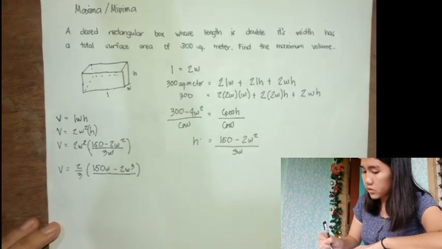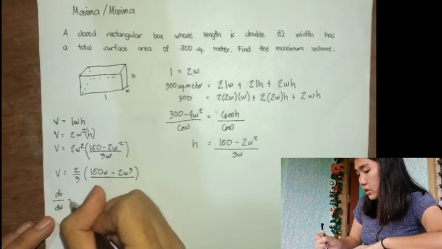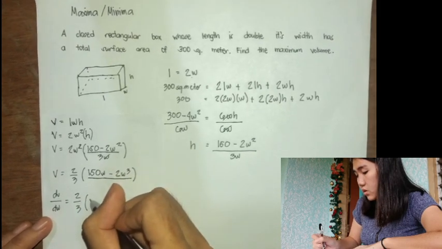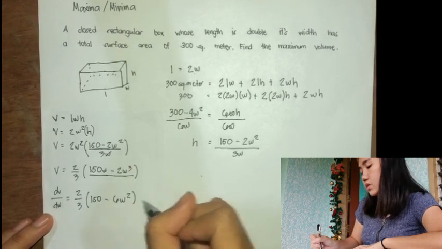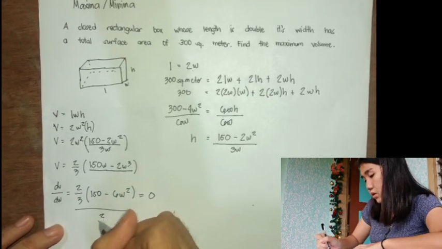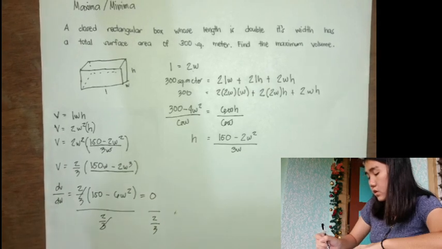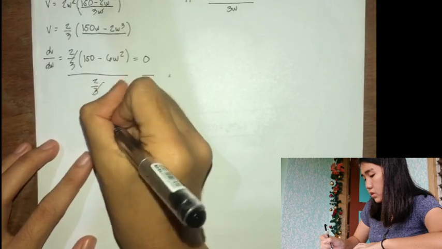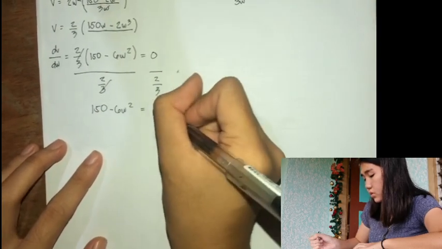So now we differentiate in terms of W. dV/dW equals 2/3 times the derivative of 150W minus 2W cubed, which is 150 minus 6W squared. Equate it to 0, and we divide both sides by 2/3. Cancel. So we have 150 minus 6W squared equals 0.